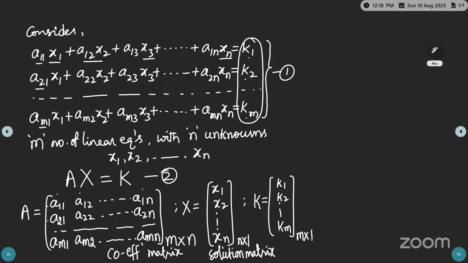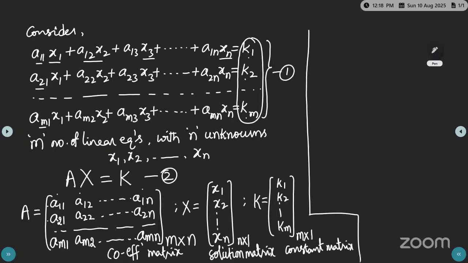This is called the non-homogeneous or constant matrix, with at least one of the constants not equal to 0.